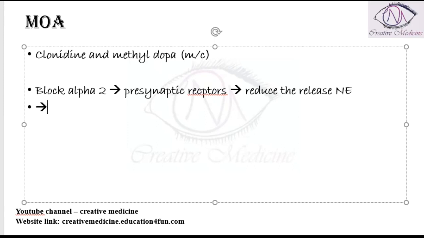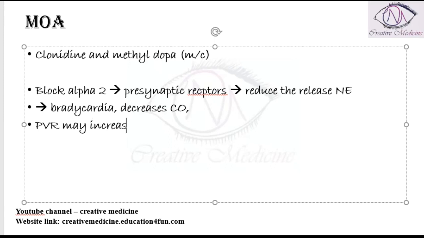The reduced release of norepinephrine will result in bradycardia. It decreases the cardiac output, and peripheral vascular resistance may also increase, especially because of the alpha 2 stimulation in the blood vessels.